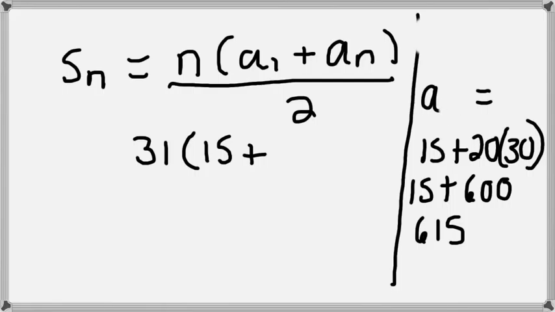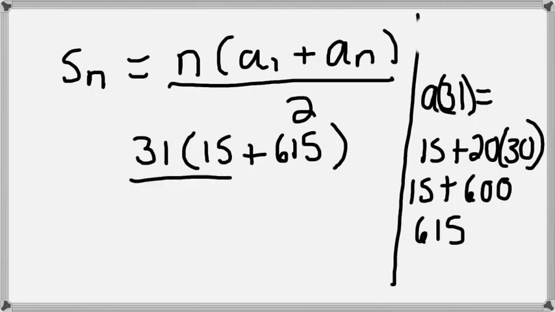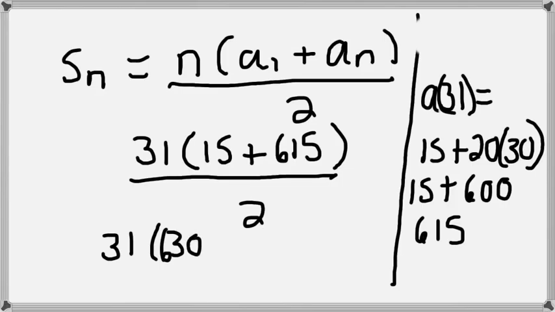A of 31 is 615. And then we're going to divide that all by 2. So now I have to add those two together, which is 630. And now I'm going to do 31 times 630, and then all divided by 2.